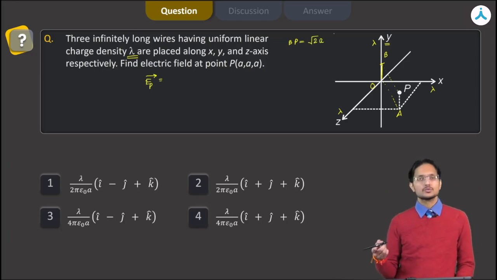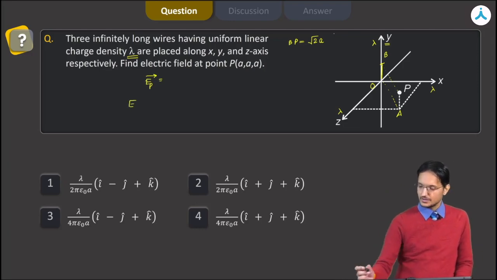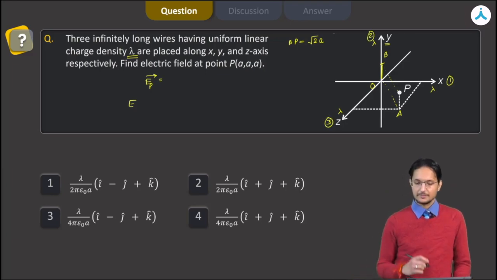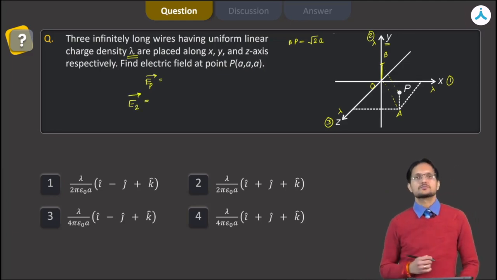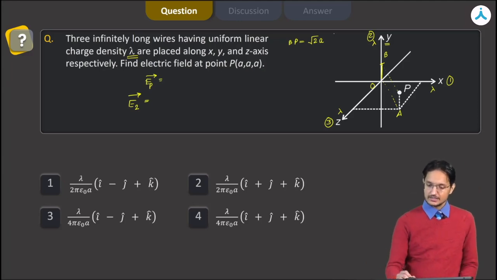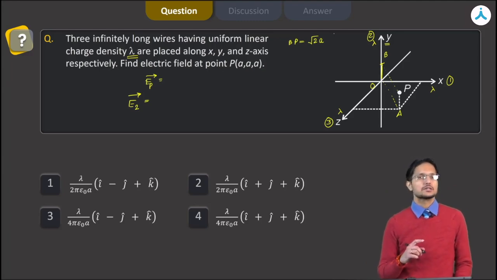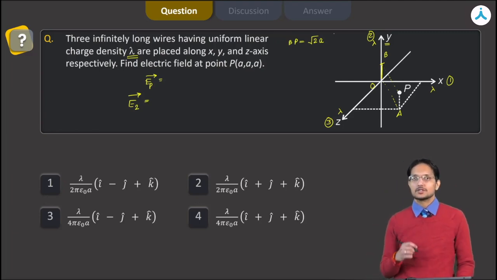So due to this line charge, let's give this some name, wire 1, wire 2 and wire 3. So right now we are calculating E2 vector. For that the separation is coming out to be root 2A, and we know that for an infinite line charge the magnitude of the electric field is lambda upon 2 pi epsilon naught r.